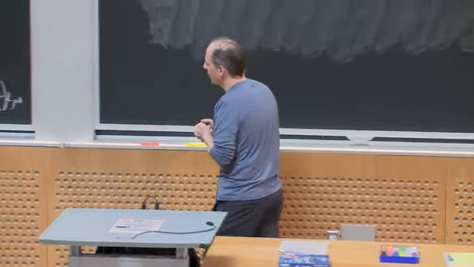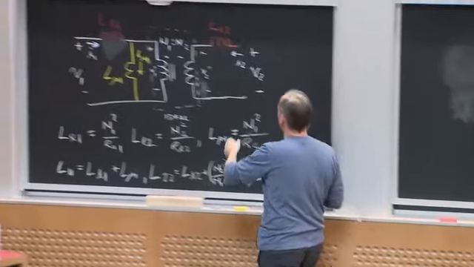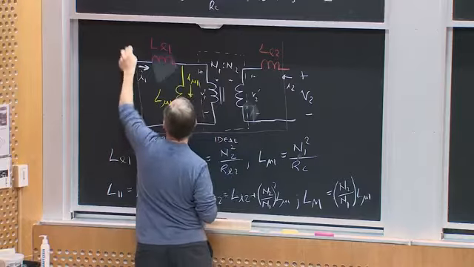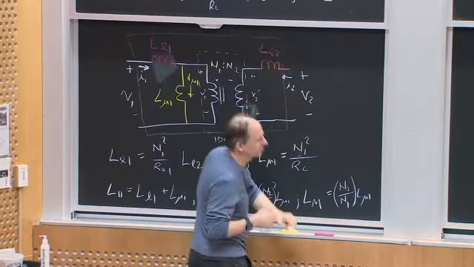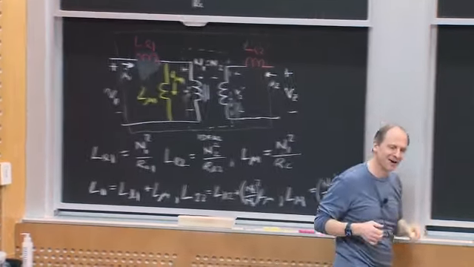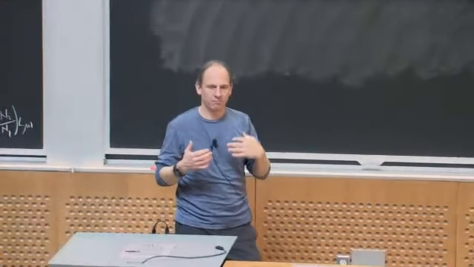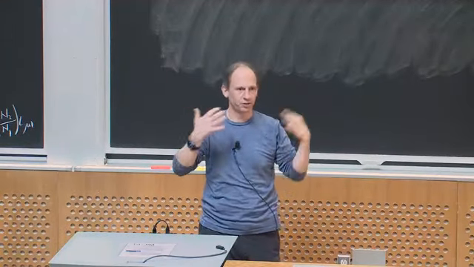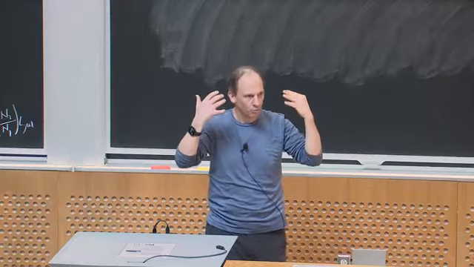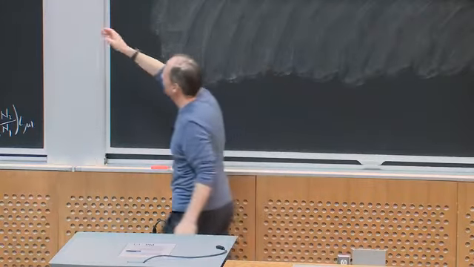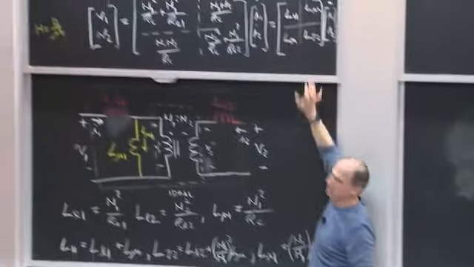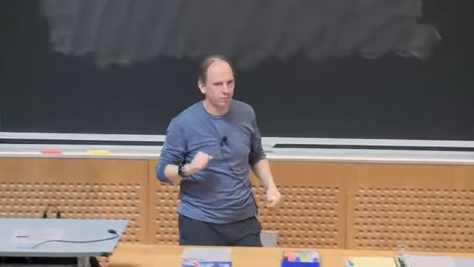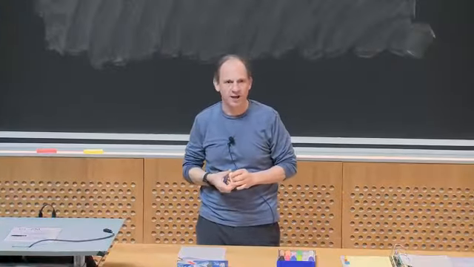But recognize that if all I cared about was matching the terminal relations, if I just wanted a black box inside my white box that mapped voltage and current at terminal port 1 and voltage and current at port 2, that is fully captured by this inductance matrix description. Now, how many independent parameters does my inductance matrix description have?